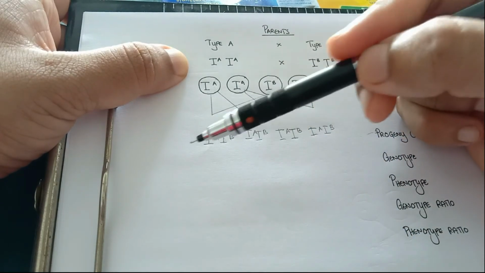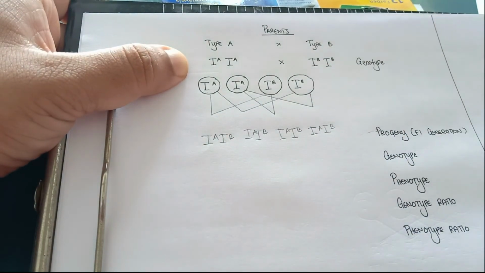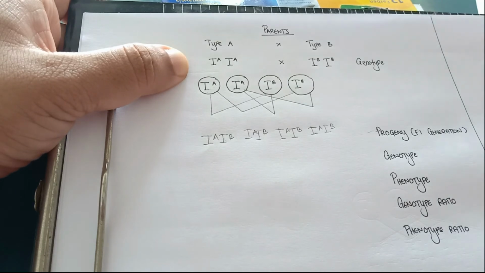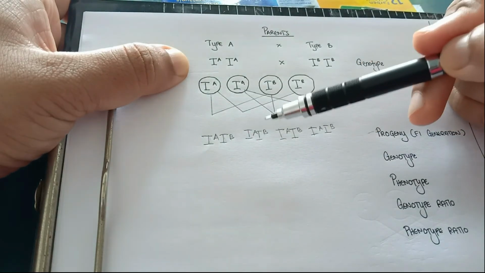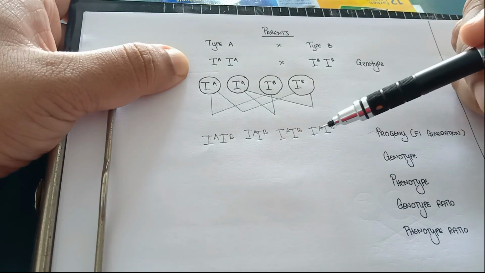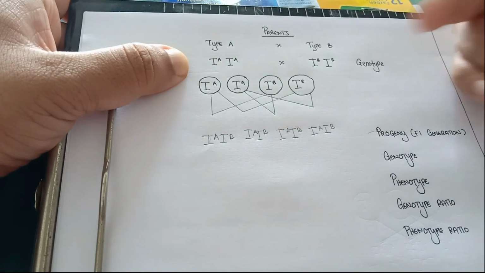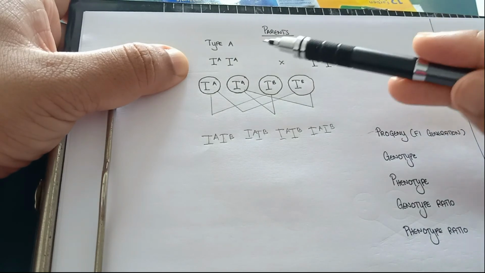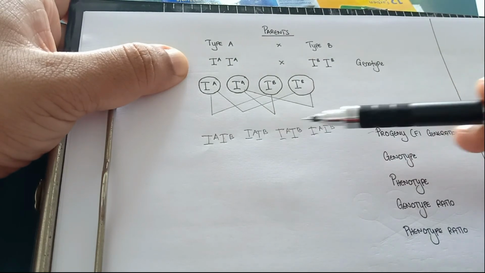Now you get something very different here from the first example. In the first example I have IAIB, IAIO, IBIO, and IOIO. But in this, if the parents are homozygous, you will get something like this.